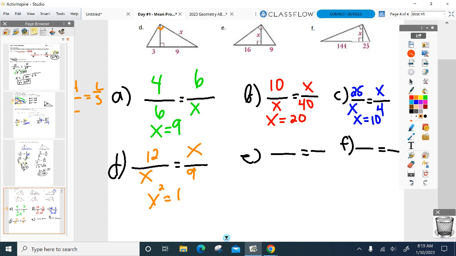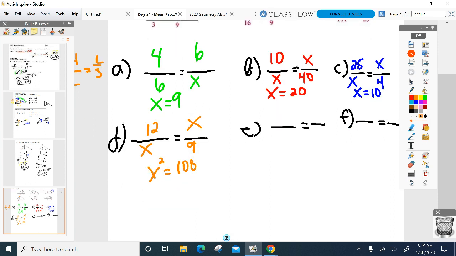X squared equals 108. That should have broken down into 36 and 3. So x should have been equal to 6 square root of 3. So we're using hills. All good? All right, let's move on.